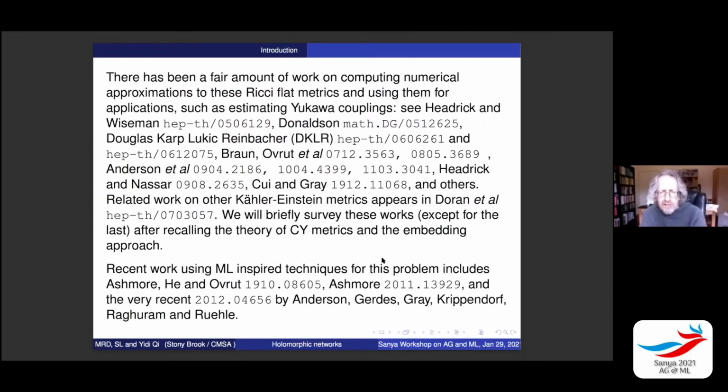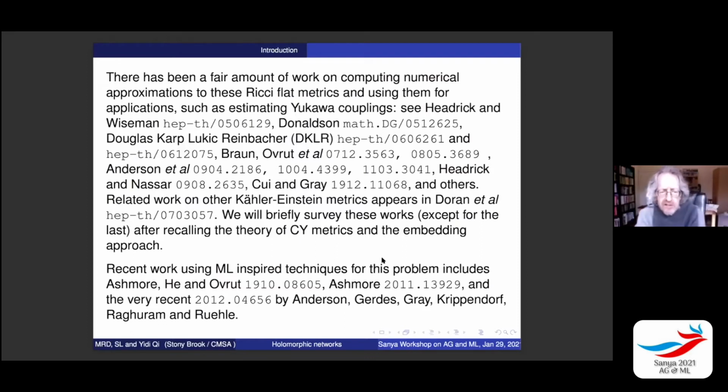And so that has motivated a fairly sizable literature on numerical methods to compute approximations to the Ricci-flat metric, starting with Headrick and Wiseman, who computed an approximate K3 metric. Simon Donaldson proposed a general technique of using embeddings in projective space through sections of a line bundle, that I'll go into some detail about.